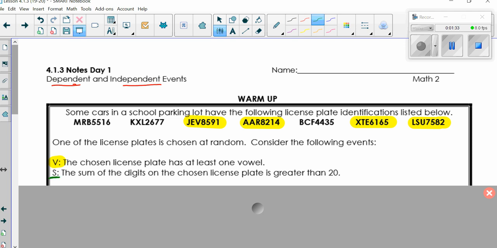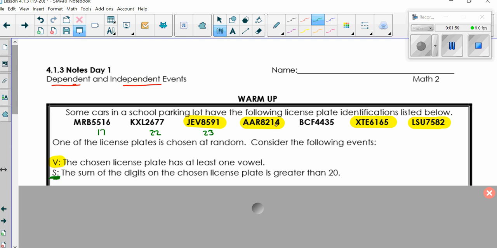I'm going to underline this. The sum of the digits on the chosen license plate is greater than 20. So I'm just going to add up first. So this is 10, 11, this would be 17, this would be 8, 15, 22. Let's see, this is 13, and 10 makes 23.